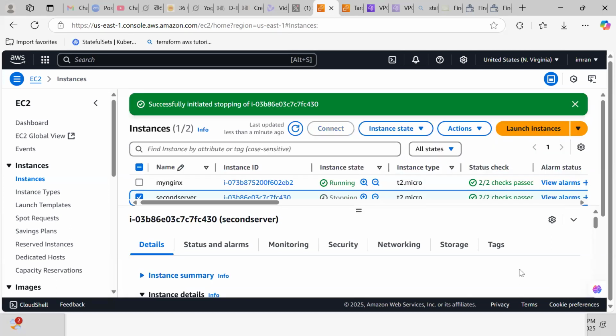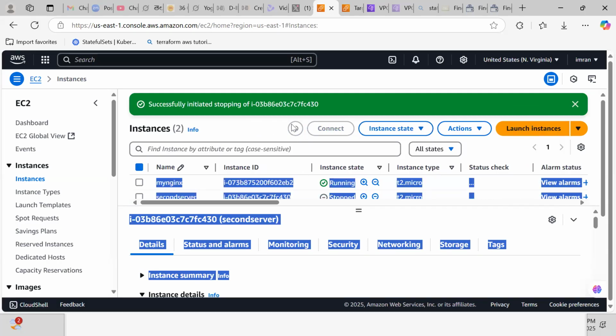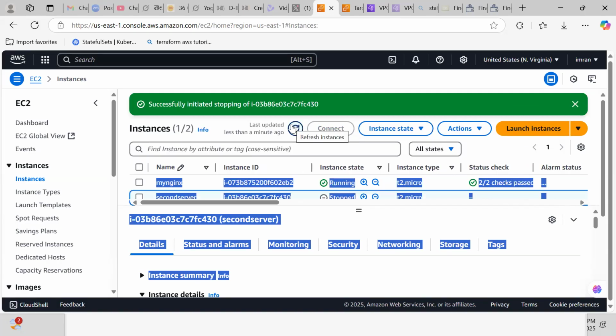End users don't get an impact because they're not hitting that second instance directly. They're coming through the load balancer, and the load balancer will redirect the traffic to the first instance itself.